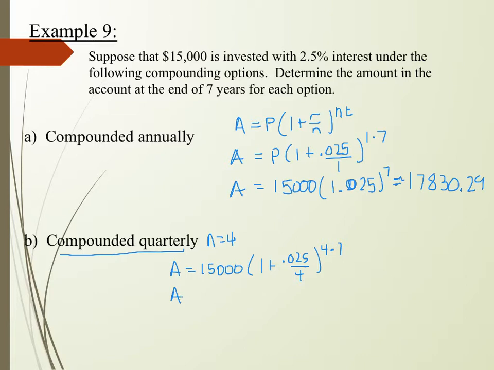So A is equal to 15,000 times 1.00625 raised to the 28th power, and that's going to give us 17,858.96.